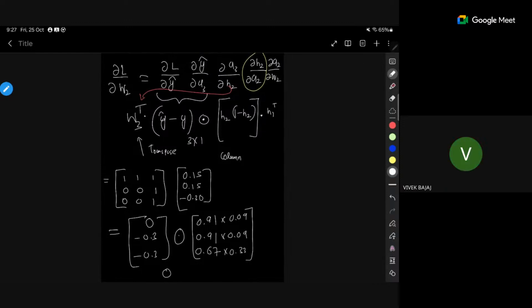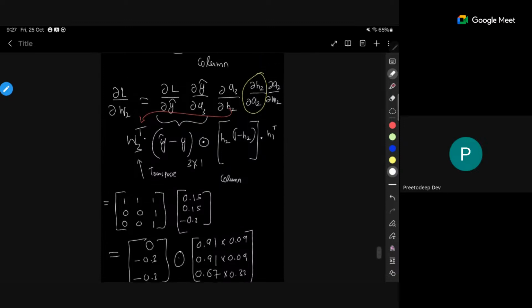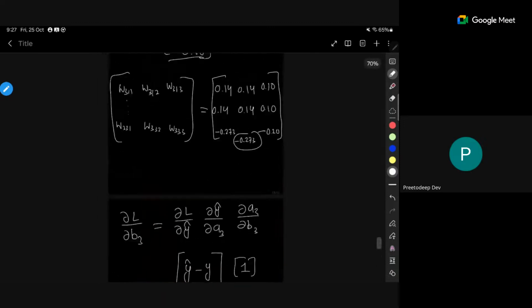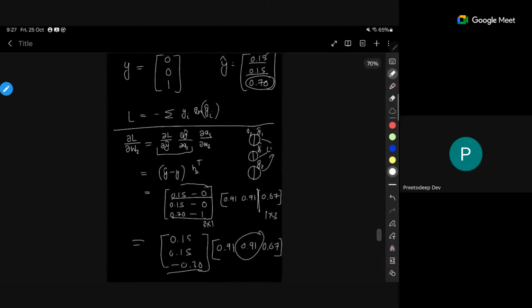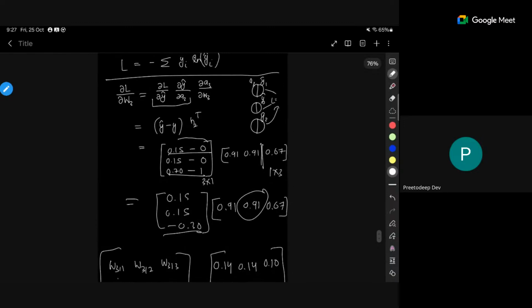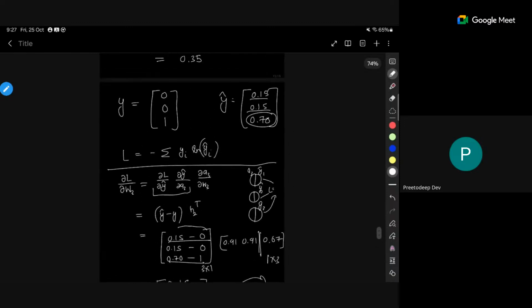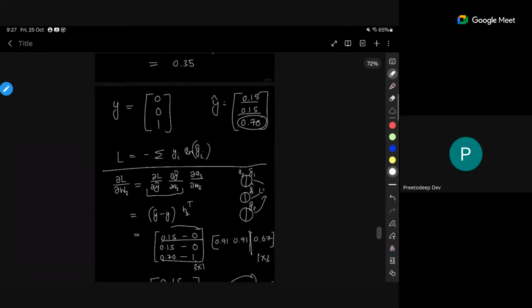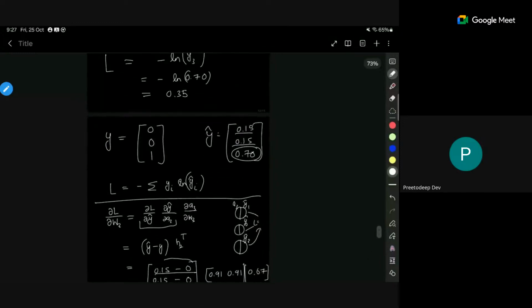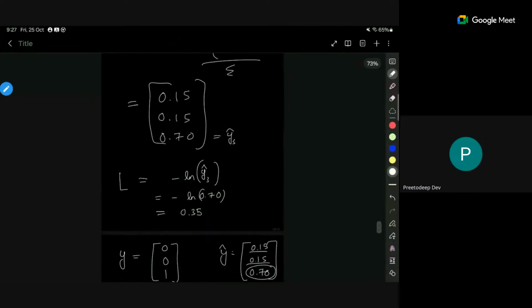Yeah, 0.30. So that is why I got confused. I thought it was 0.2, because my y hat came out to be 0.70, so from that I subtracted 1. Okay, I got it. That 3 was looking like a 2 to me, my bad. Y hat was that one.